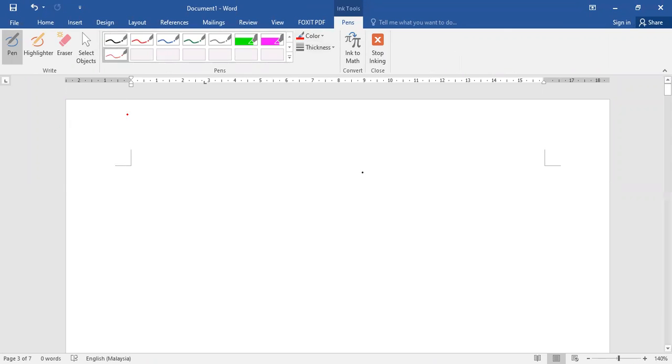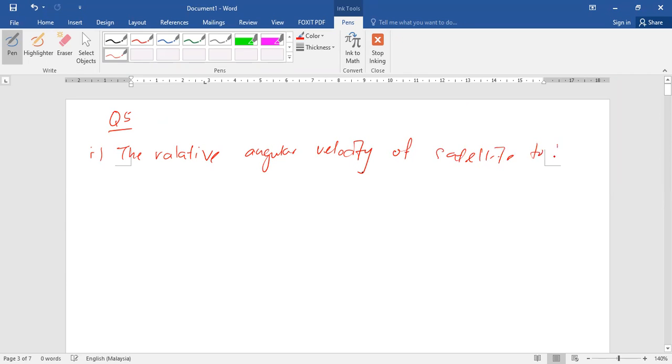Okay, for question number 5. Let's say the relative angular velocity of the satellite will be equal to the angle, which is pi over 6, right?